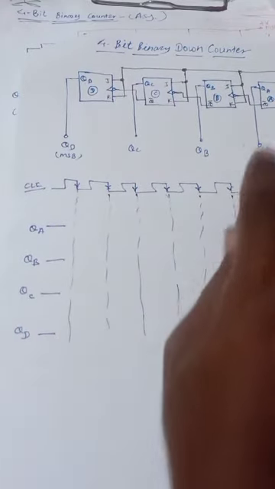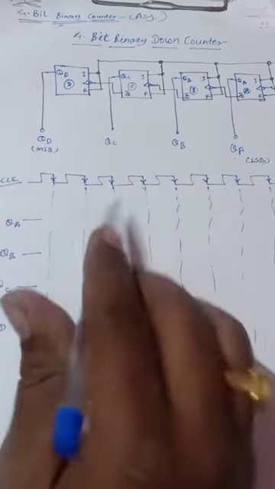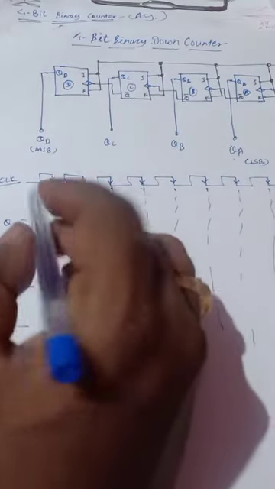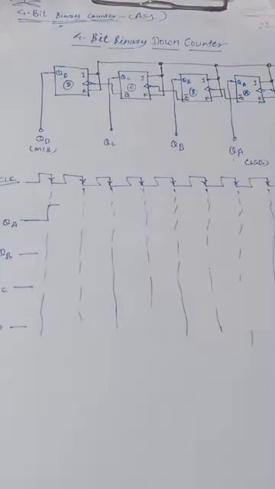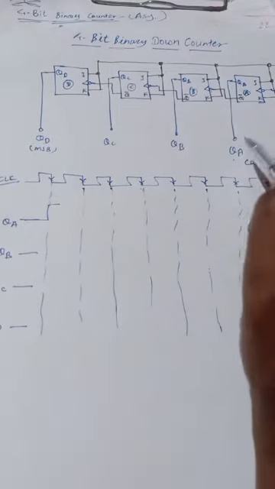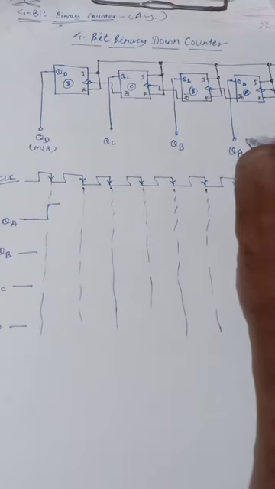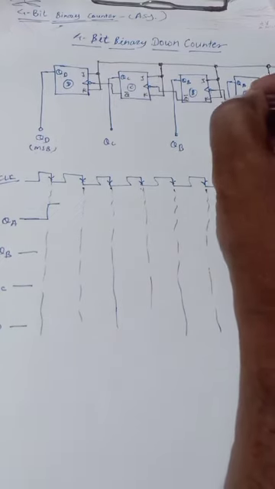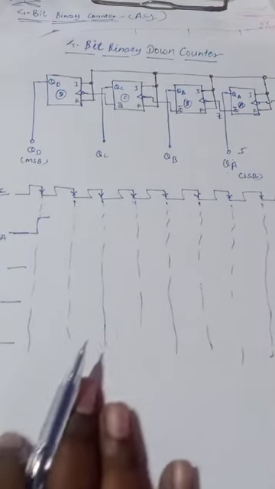So at the arrival of the first clock, just see here, the first A flip flop toggles because it is a falling edge, so QA changes to state 1. What happens as QA changes? Be careful about this connection. As QA changes from 0 to 1, at the same time this Q bar changes from 1 to 0. Just be careful about this change.